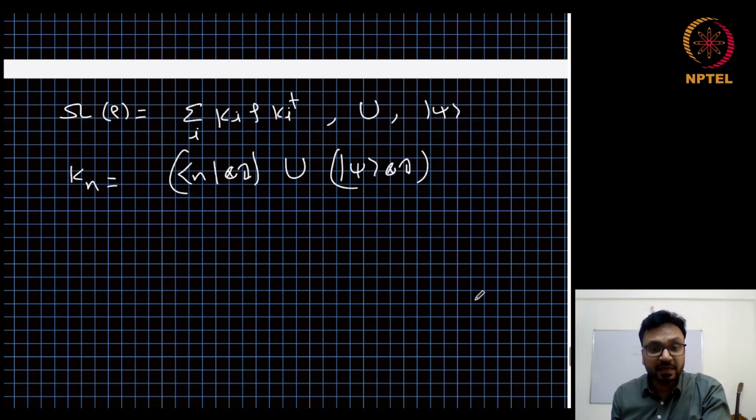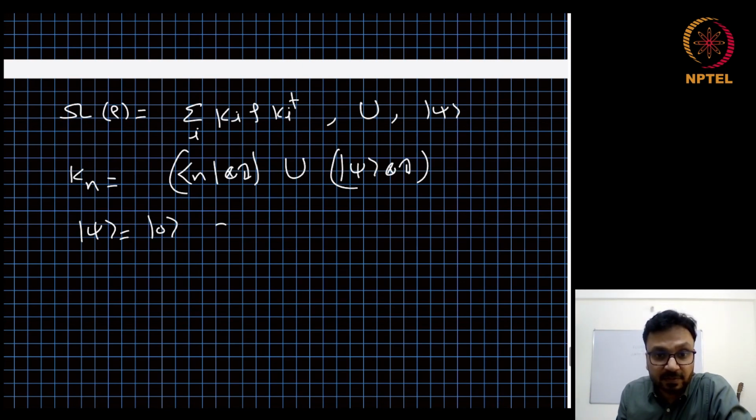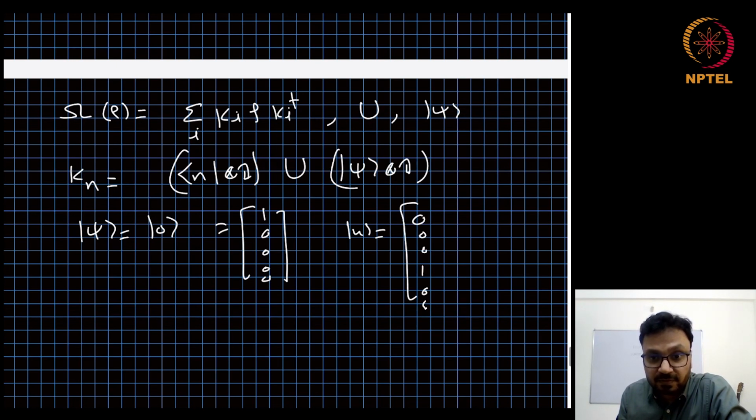For simplicity, let us say psi is the zeroth computational state. So it means it is 1 0 0 0 0 and so on. And n is also a computational basis state, so it will be 0 0 0 1 0 0 0, where this is the nth position.